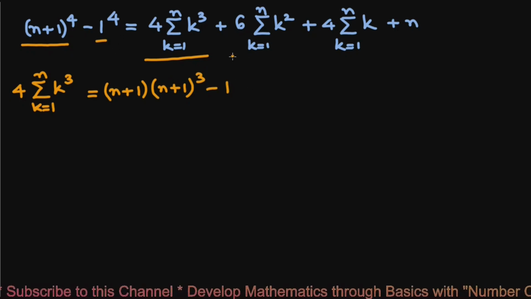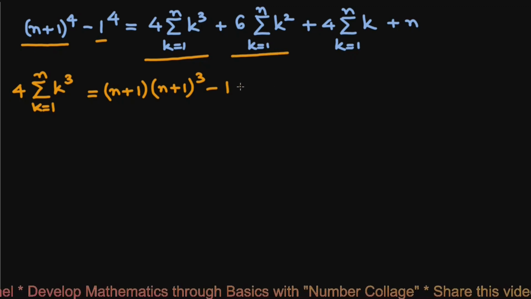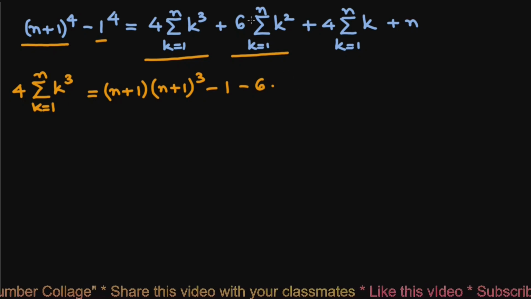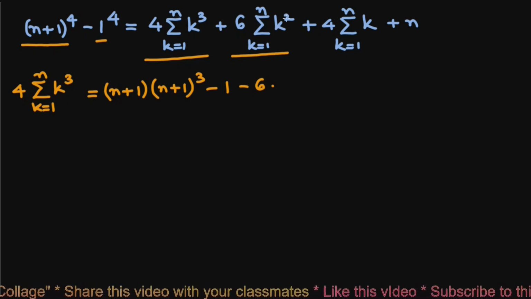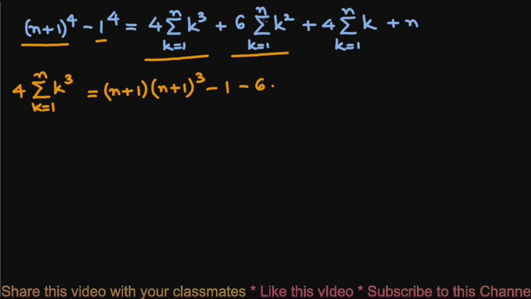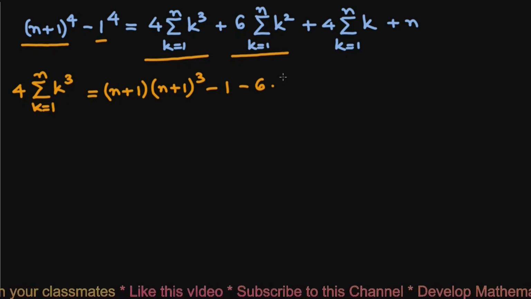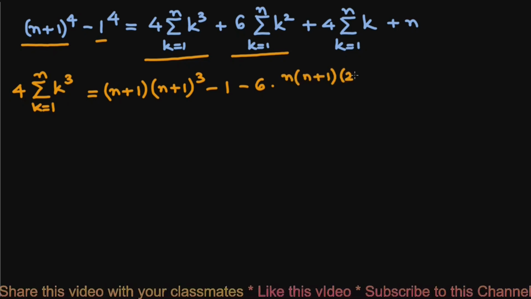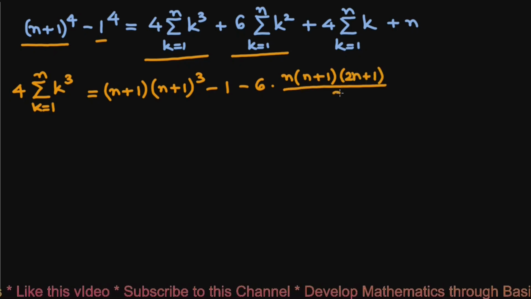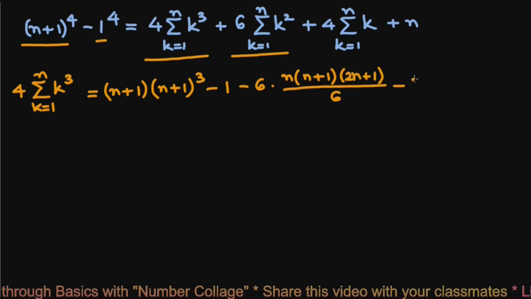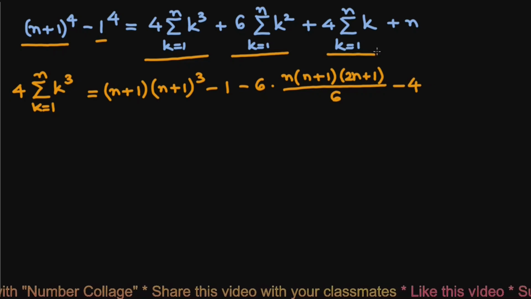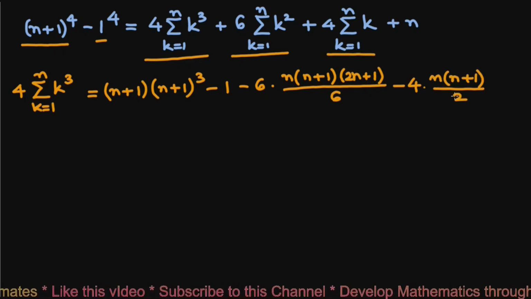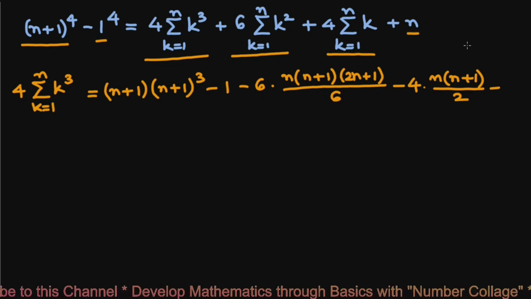Then we will send this to the left hand side, that will be minus 6, and here we will write the formula for summation k square as k runs from 1 to n, that we have found out as n into (n+1) into (2n+1) upon 6, minus this 4, and we have found the formula for this, which is n into (n+1) upon 2, minus this n.